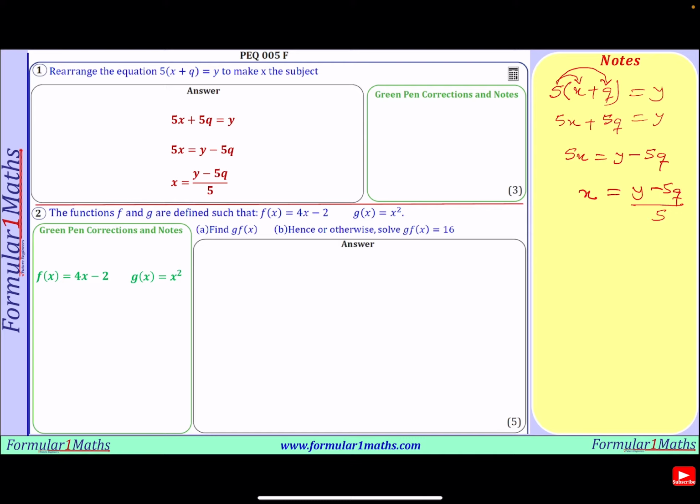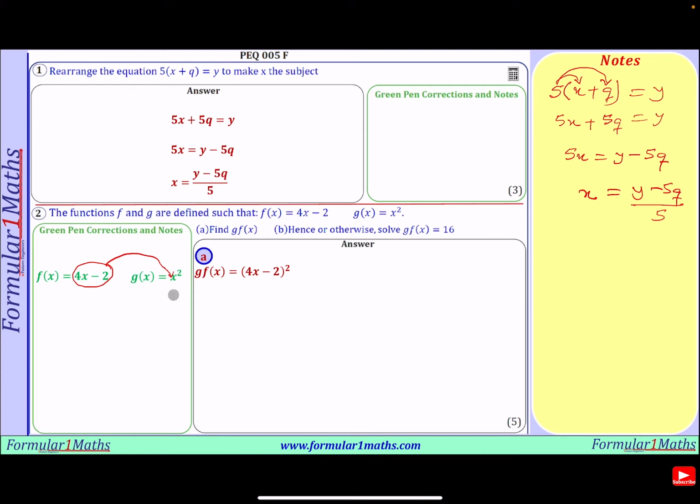To find gf of x, we need to take the function f, which is 4x minus 2, and put it into g of x. So I take 4x minus 2 and put it wherever I find x in the function g of x.